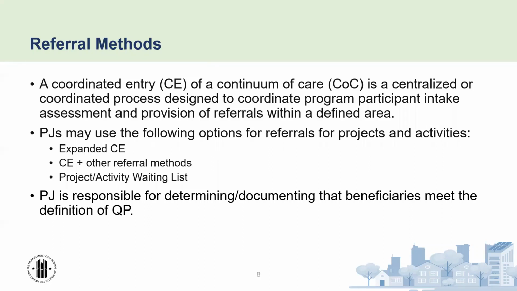So what the notice says is that there are three referral methods that can be used: expanded CE, CE plus other referral methods, and the project or activity waiting list, which most of you should be familiar with. But the thing to note is that PJs are responsible for determining and documenting that beneficiaries meet the definition of QP. Next slide.